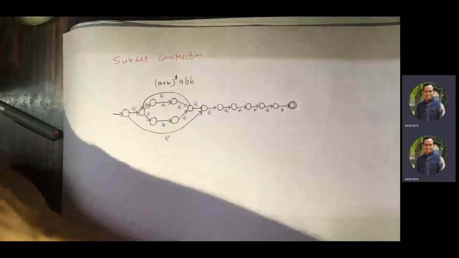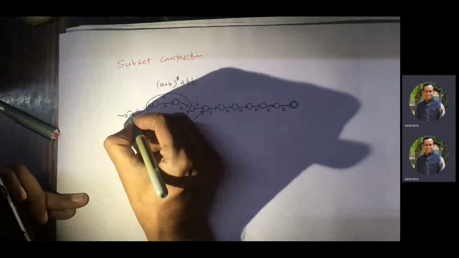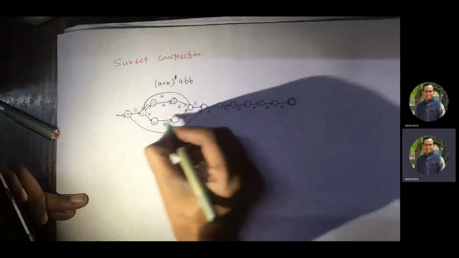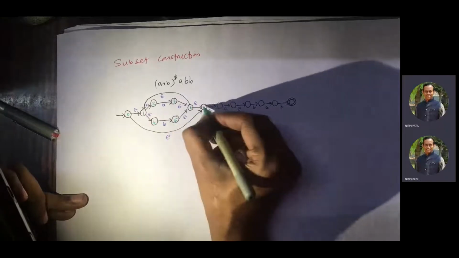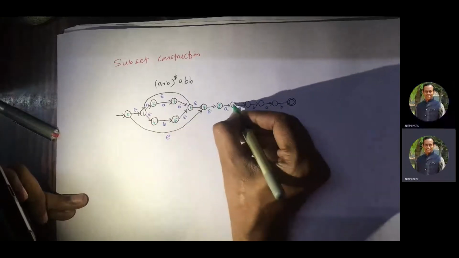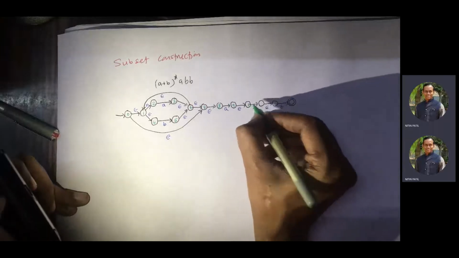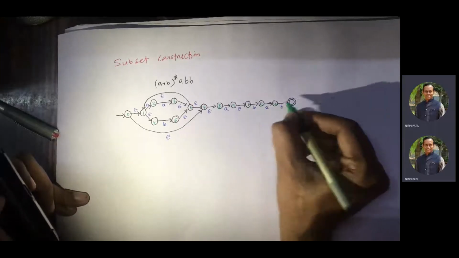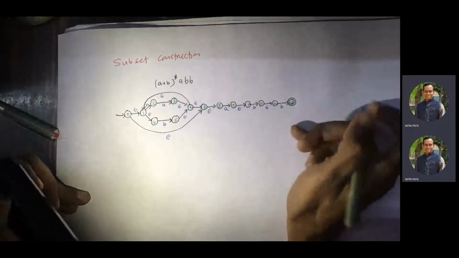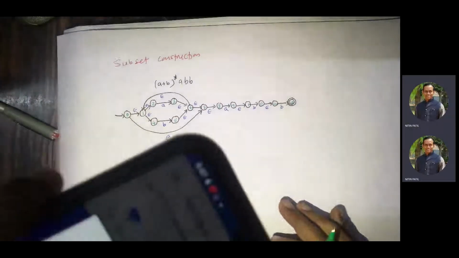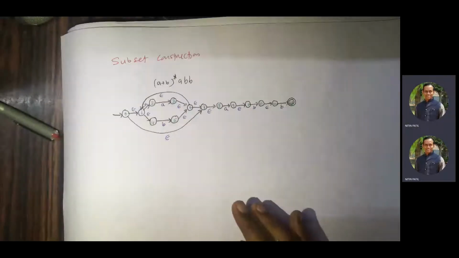Okay, and now we have to name the states. We know exactly the method. So we'll start with 0, 1, 2, 3, 4, 5, 6, 7, 8, 9, 10, 11, 12, and 13. So we currently have a total of 13 states for this example.